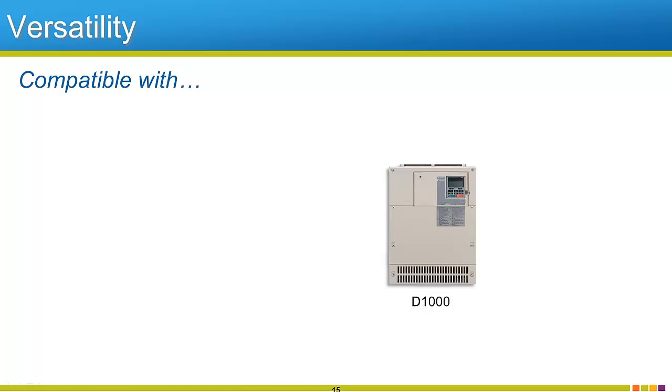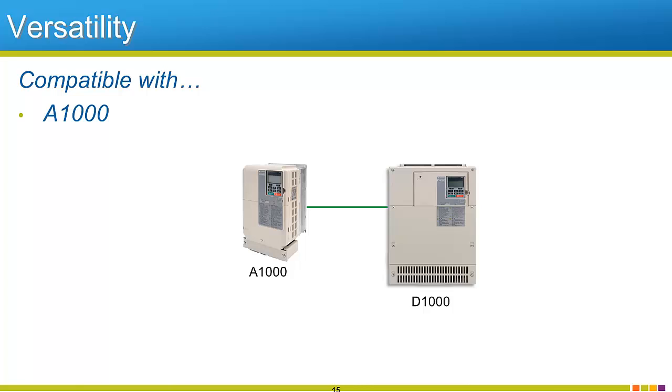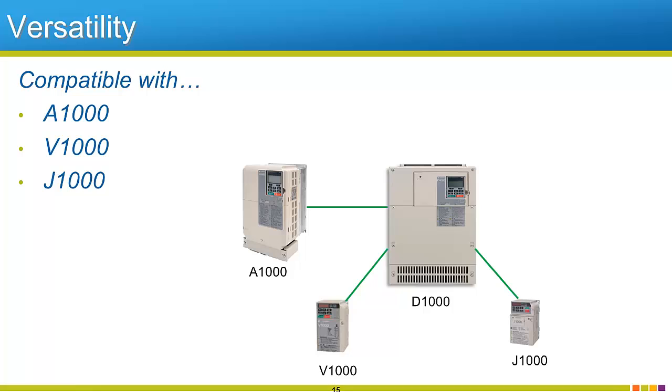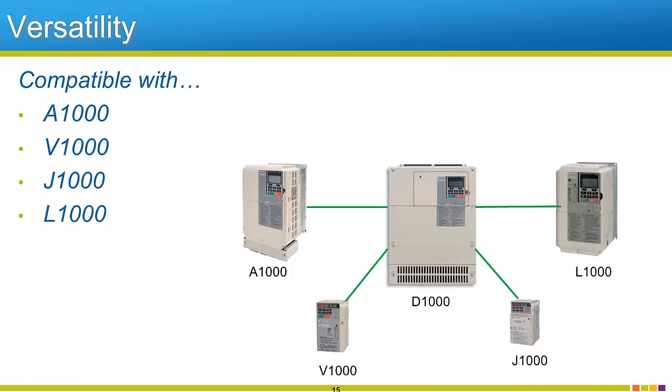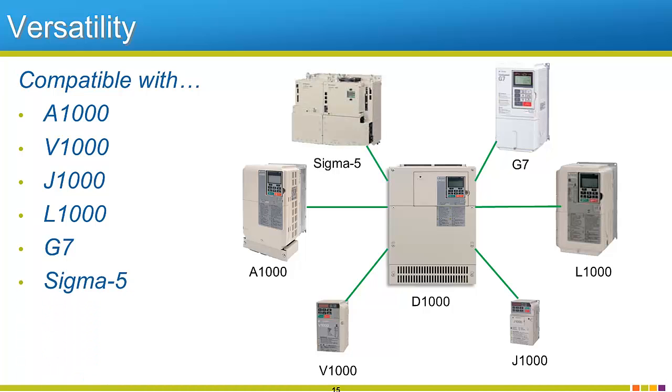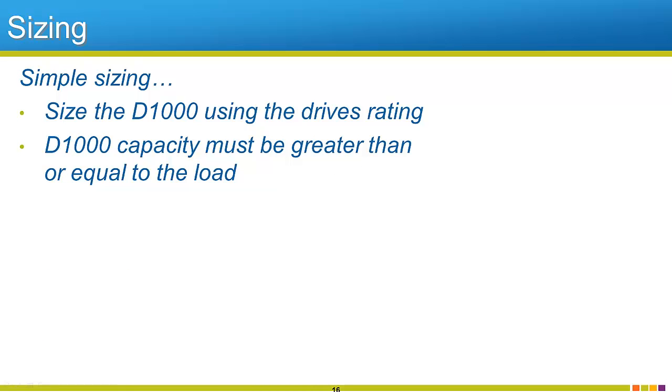The D1000 is compatible with all of Yaskawa's current industrial drives and motion amplifiers. This includes the A1000, V1000, J1000, the L1000, G7, and also the Sigma 5 product. Sizing is as simple as matching the drive's power rating to the D1000's power rating.